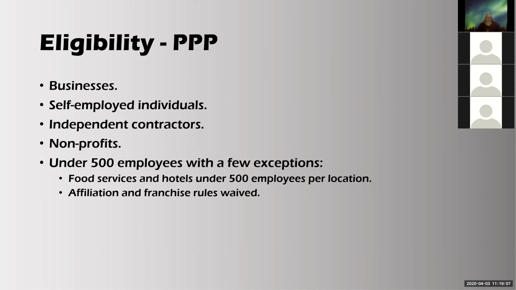So you have to actually call your bank and find out if they handle SBA loans at all. This is going to make this process a lot longer because every bank officer is going to have to do these, and getting a hold of bank officers right now is extremely difficult because most of them are closed.